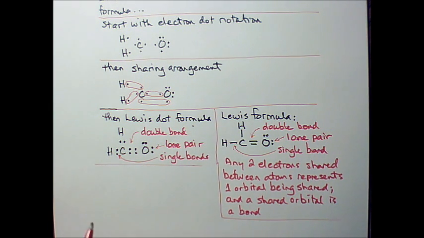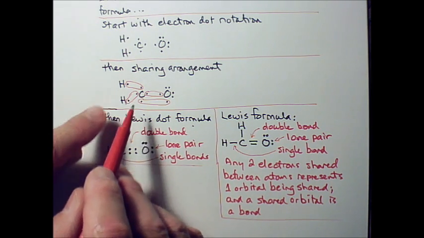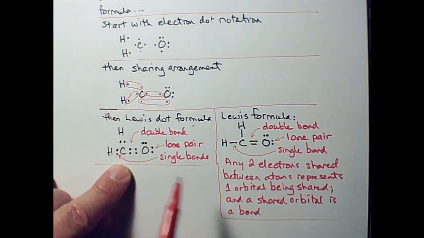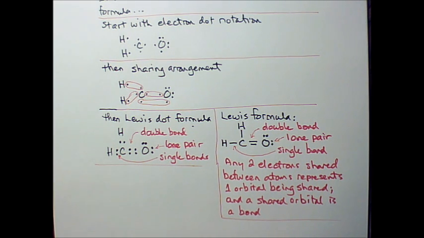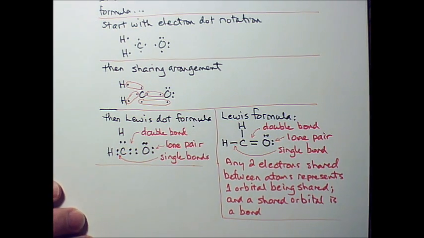First thing I want to do is go through how you get to the molecular shape from this Lewis dot formula. You need to know what I'm about to say to understand how to do this right.